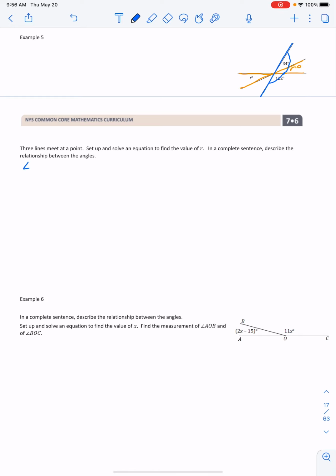So we can say angle R, angle 34 degrees, and angle 122 degrees form angles on a line and add up to 180 degrees.